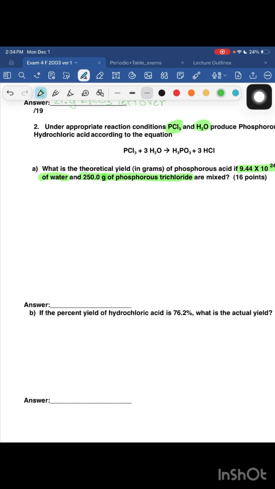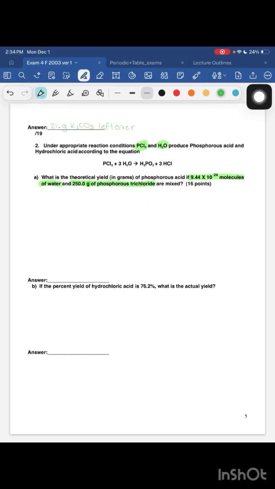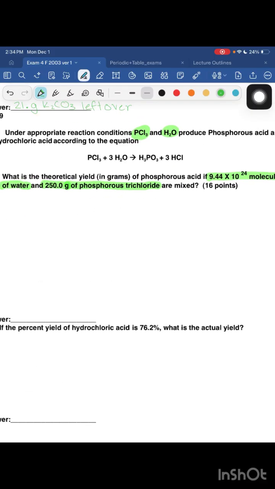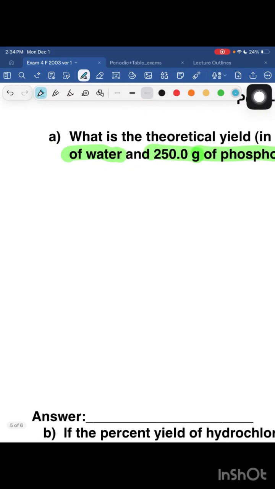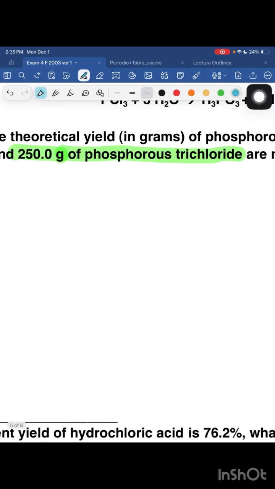So, step one, you need to find your limiting reactant. It doesn't say you do, but because it gives you amounts of your two reactants, you don't know which one's going to run out first, so you need to figure that out for yourself. Be independent. So we'll start with our water and phosphorus trichloride, right?